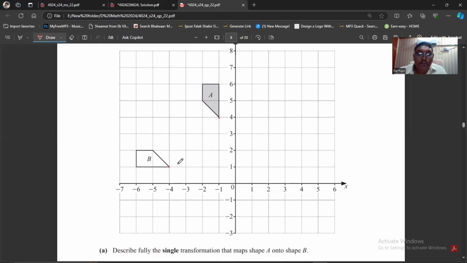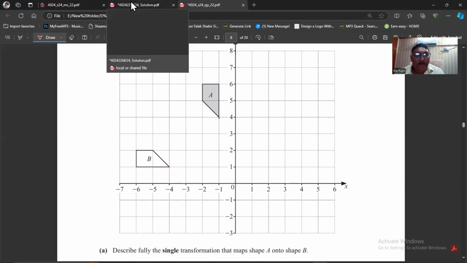You open your compass more than half of this line, which is joining these 2 points. You put the compass needle here, you draw an arc here, you draw an arc here. Then you put the compass needle here, and you draw an arc on this side, and an arc on this side. Where these 2 arcs intersect, you join these 2 points of intersection.